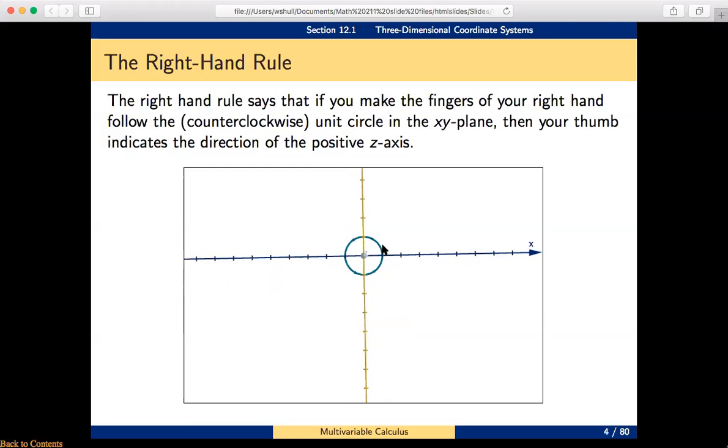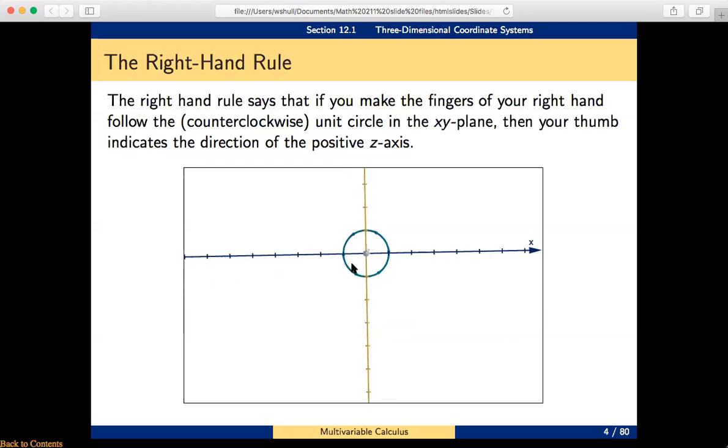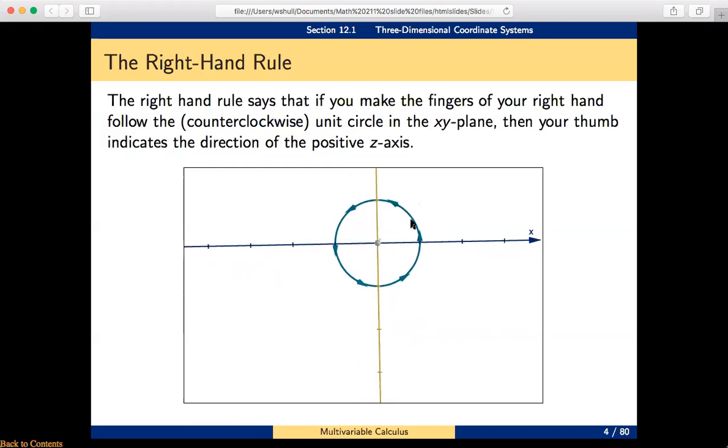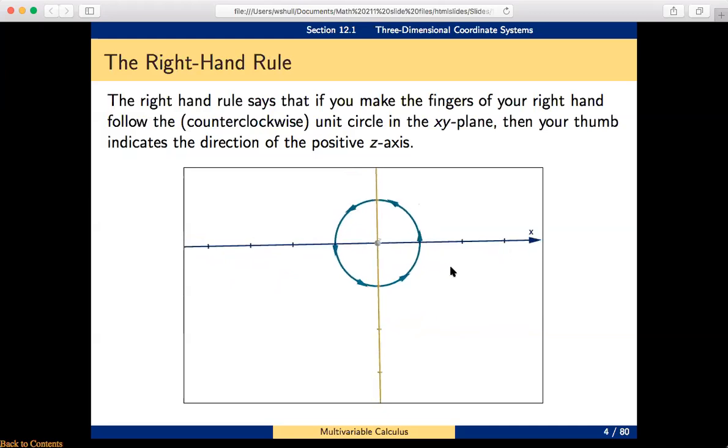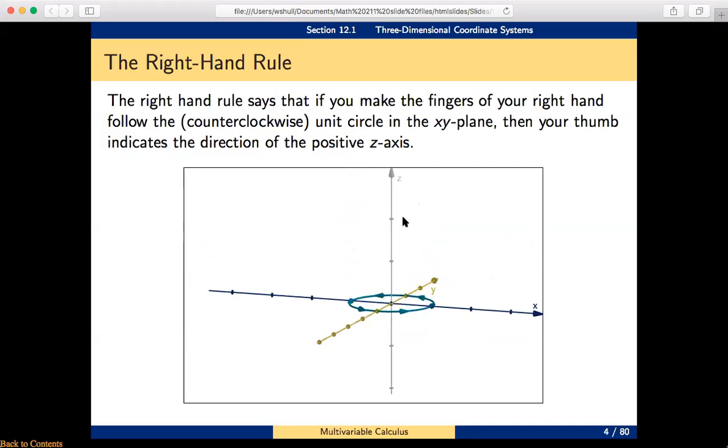And so you will notice that the direction of these arrows is the same direction that would be the positive rotational direction on the unit circle. So if you rotate all the fingers other than the thumb on your right hand in that direction, then the direction your thumb points will be the z direction. That's why we call it the right-hand rule, because you do that specifically with your right hand.